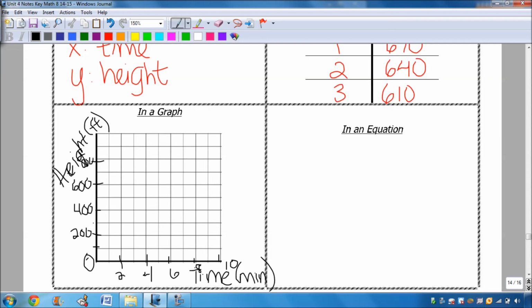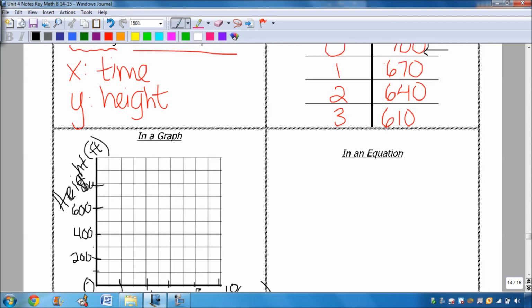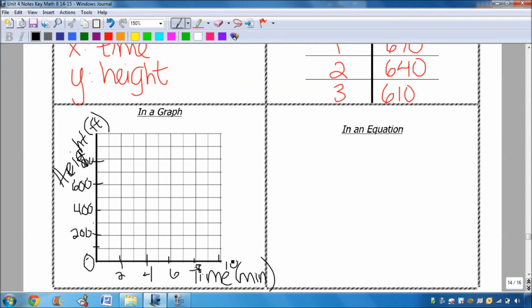Now what I need to do is graph out my points. Well, at time 0, it was at 700 feet. So this is where it starts off at. And hopefully you understand that this is your y-intercept. It's your starting amount, okay? After 1 minute, it would be at 670 feet, which is right there, okay? And I apologize, it's hard to graph it out accurately on the computer, so try your best while you're doing this, okay?